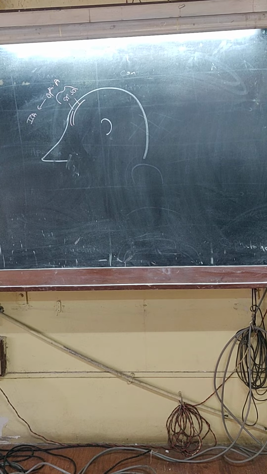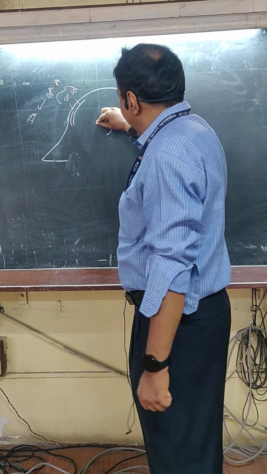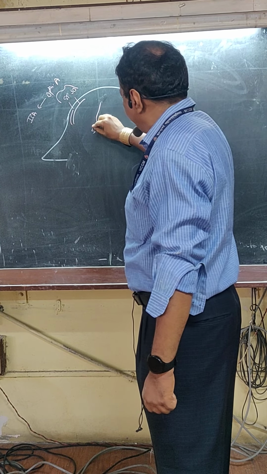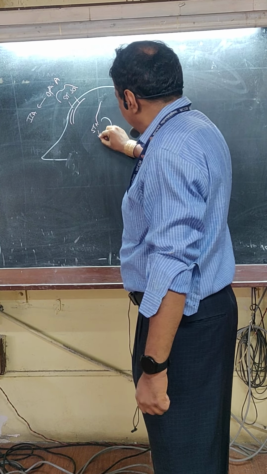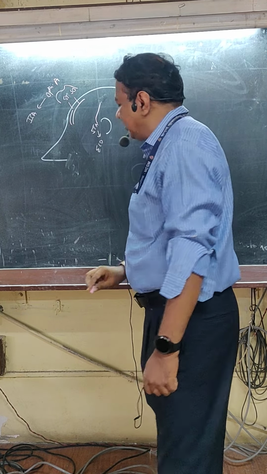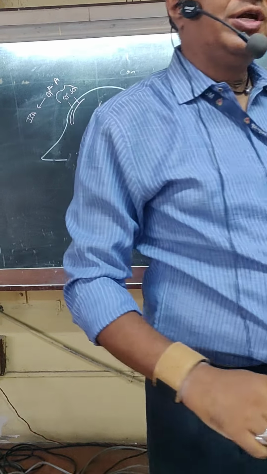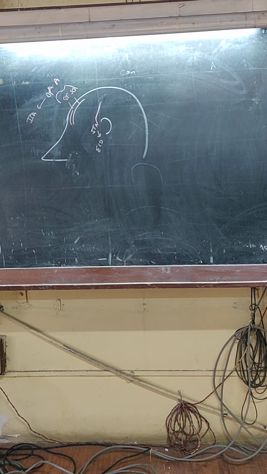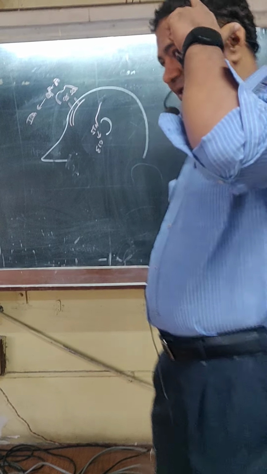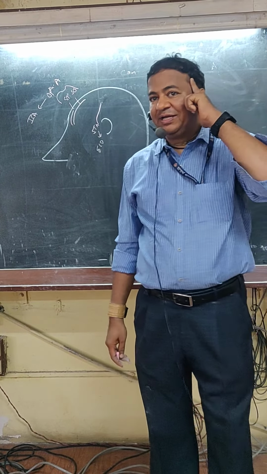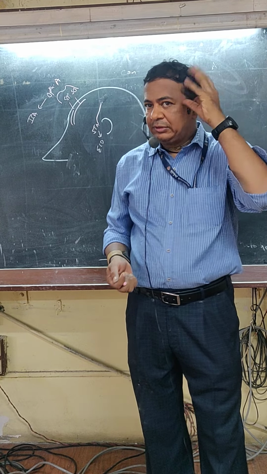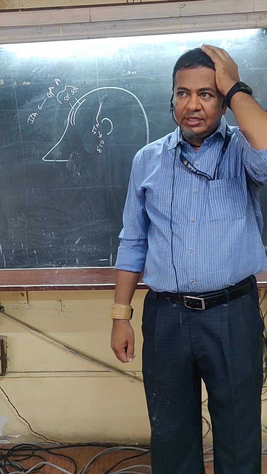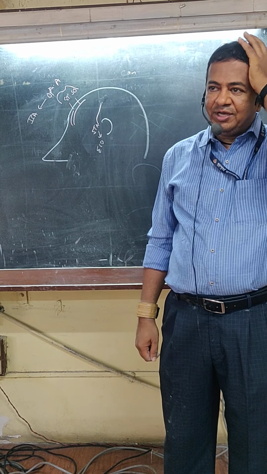Then the superficial temporal artery, which is a branch of the external carotid artery. Take it here, the superficial temporal artery. Throbbing headache: which artery is involved in throbbing headache?